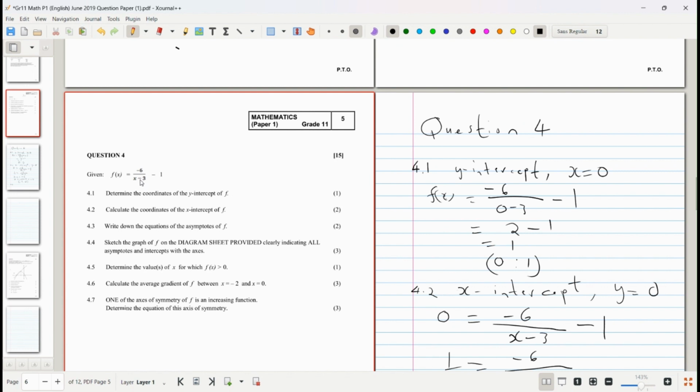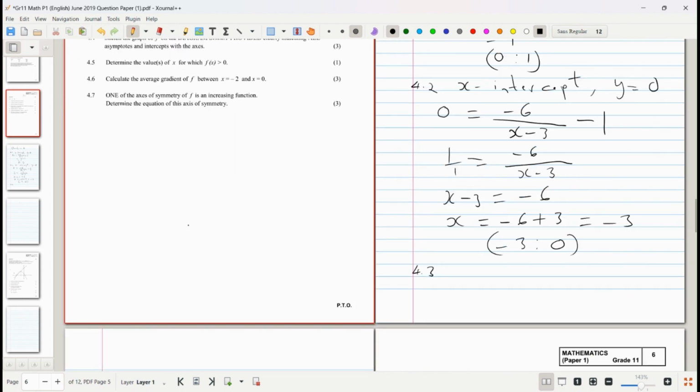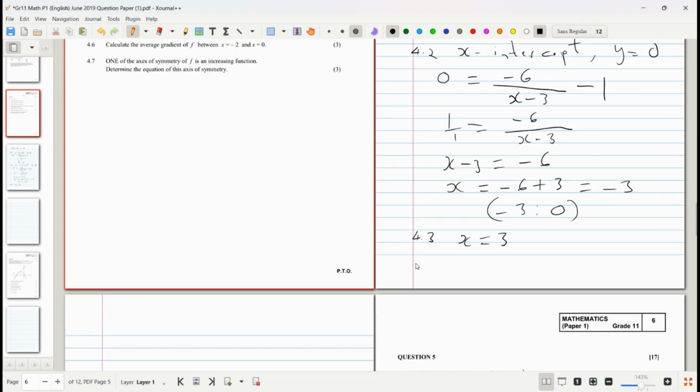When we check the asymptote, it will be positive 3. So the first asymptote is x equals positive 3. The other asymptote is this one here, which is negative 1, and this is for the y asymptote. So we have y equals negative 1.